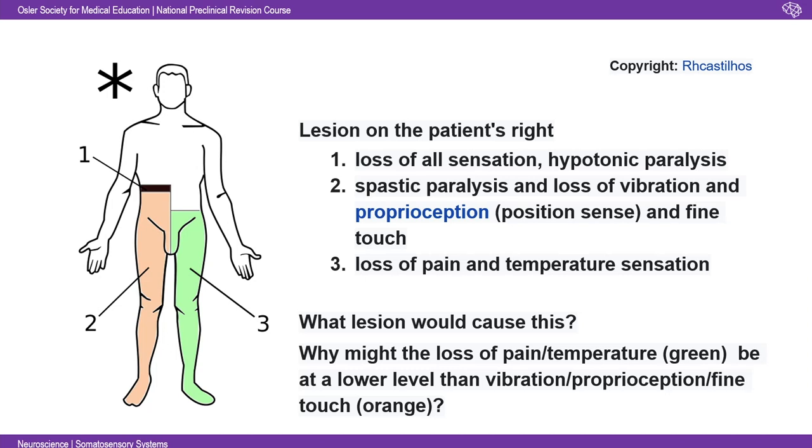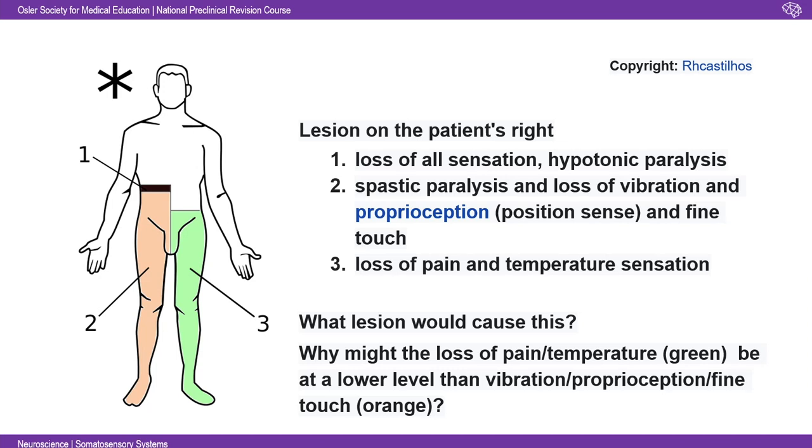First of all, if you're willing to, put in the chat what kind of lesion would cause this, where it would be, whether it's on their right or their left, and which tracts of the spinal cord have been affected.